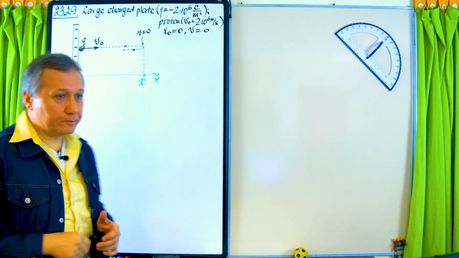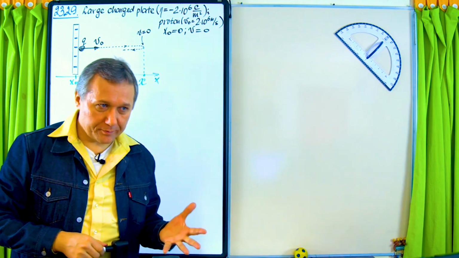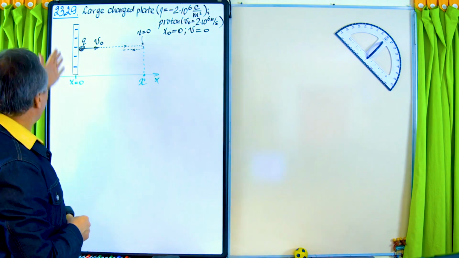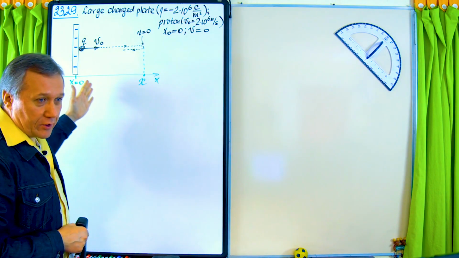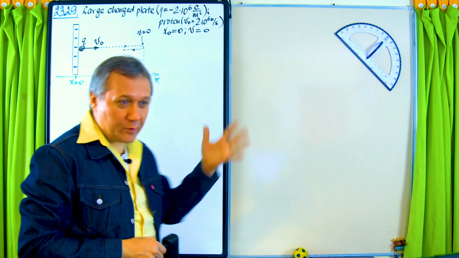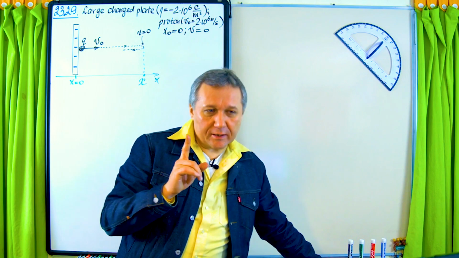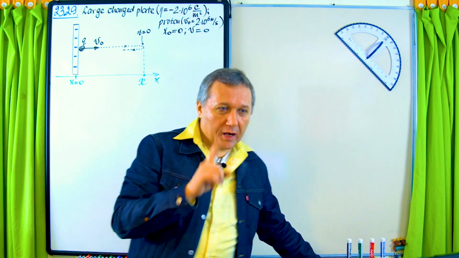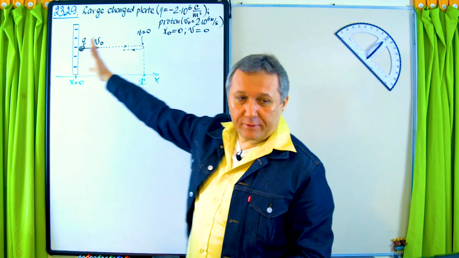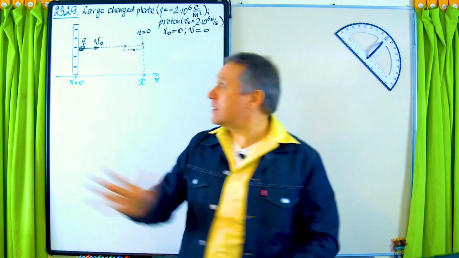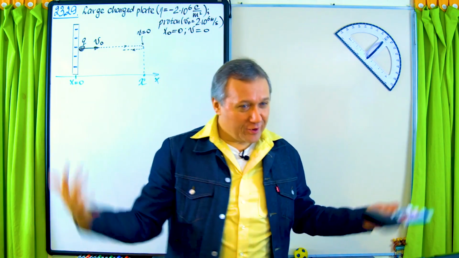And now let's also show electric field lines, because this negatively charged plate, of course, creates electric field lines. We are still slightly ahead of the lecture. So tomorrow I will sort of derive the expression for the electric field created by an infinitely large surface.